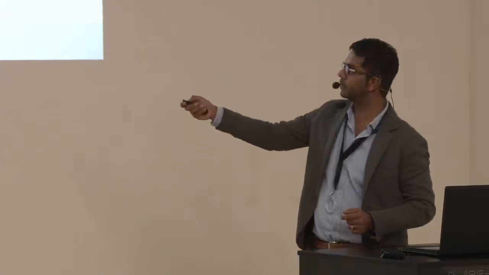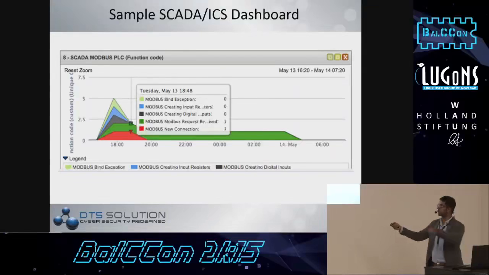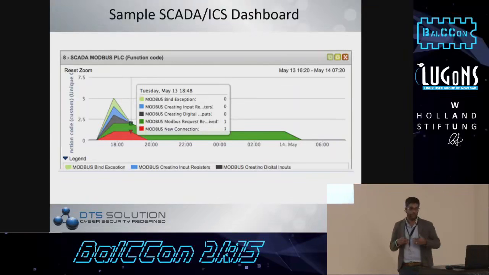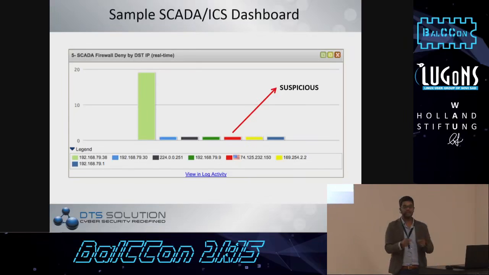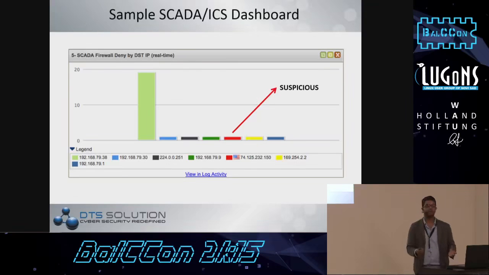And in this example, you can see, for example, a new connection has been established on Modbus, which means that another machine is trying to connect and trying to modify register values. Also, one of the things that I mentioned before is profiling a network, right? In a SCADA environment, you should never see public IP addresses because it's never connected to the internet.